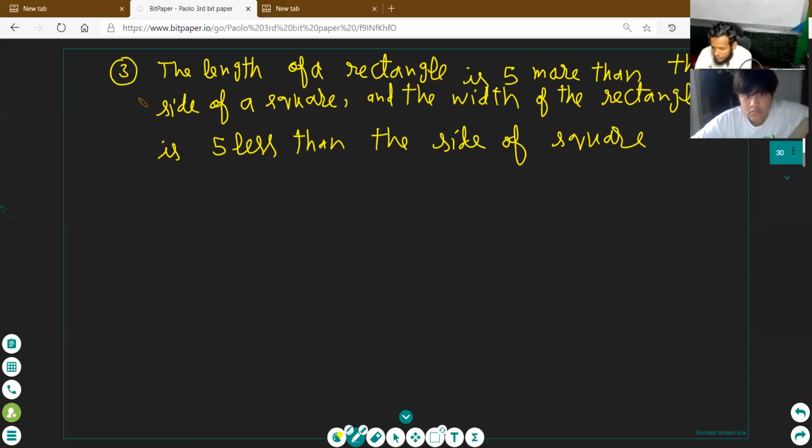If the area of the square is 45, what is the area of the rectangle?